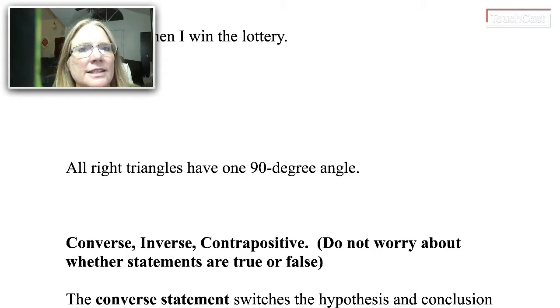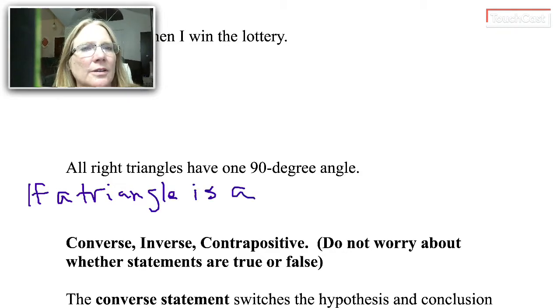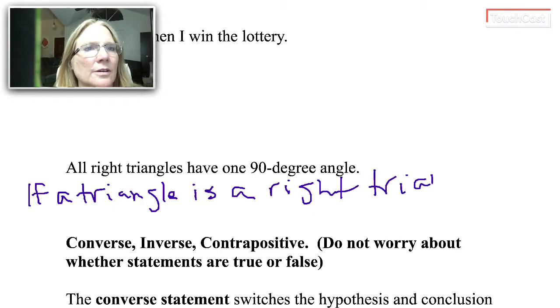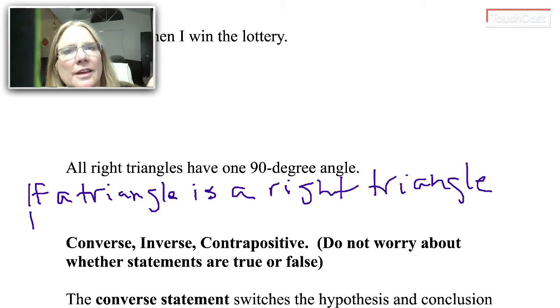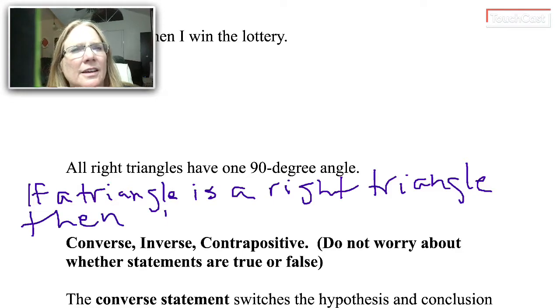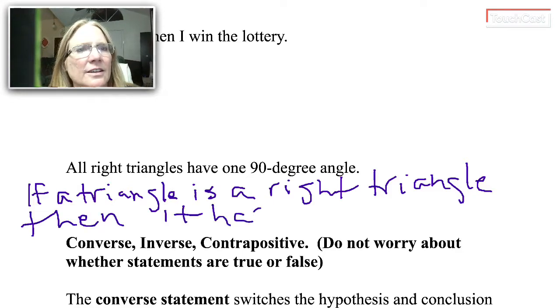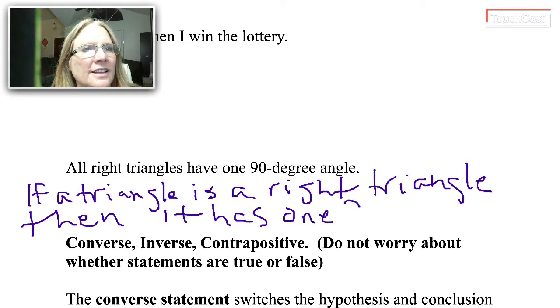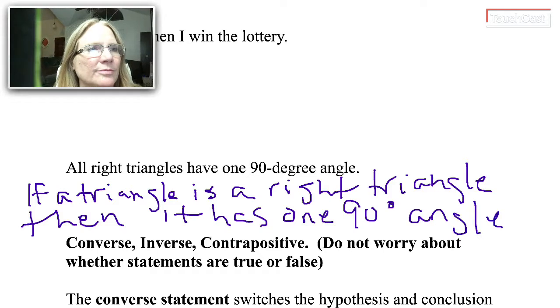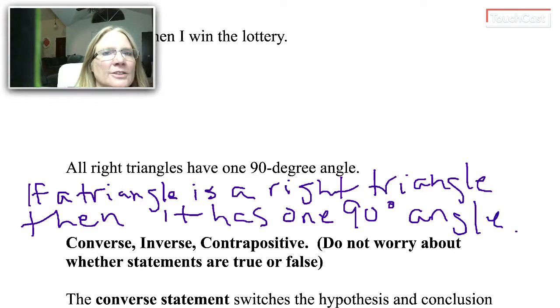Okay, you might say, if a triangle is a right triangle, then it has one 90-degree angle. Okay? So those are if-then statements.